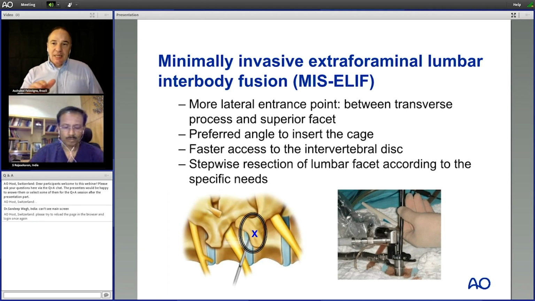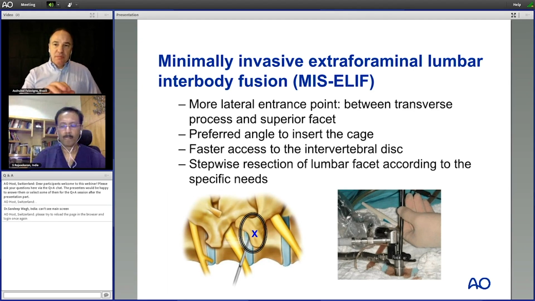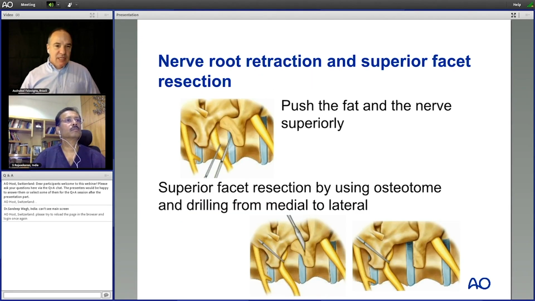By doing that, I move away from the dura to a more lateral entrance point located in the junction between the transverse process and the superior facet. This gives me faster access to the intervertebral disc with just removal of the superior facet.